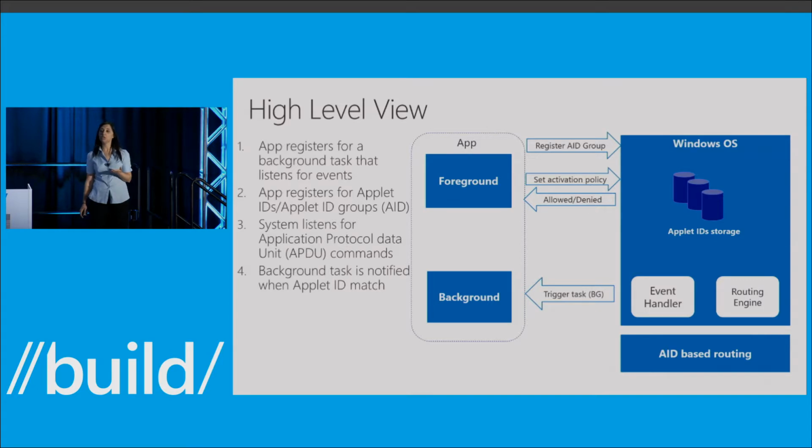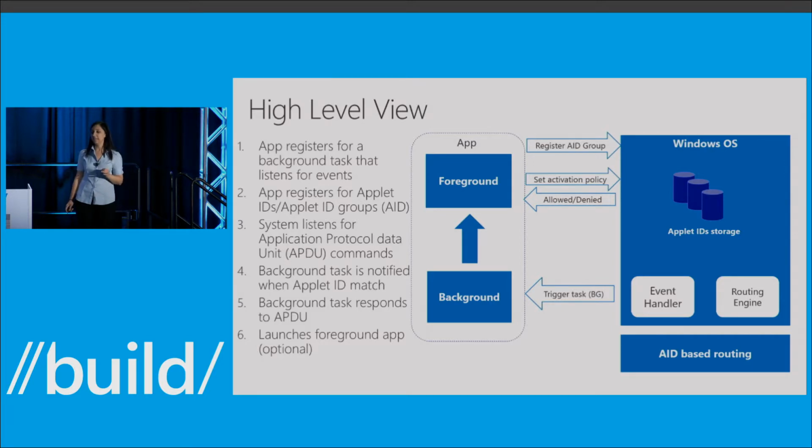When an APDU that is of interest to your app comes in, Windows resolves it and wakes up your background task. Your background task is responsible for sending responses to the external terminal. Optionally, it can launch a foreground app, such as a UI, like the one that you see in my case, the receipt for the transaction.